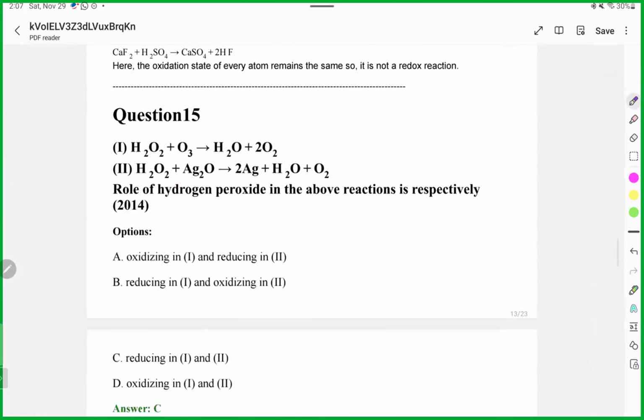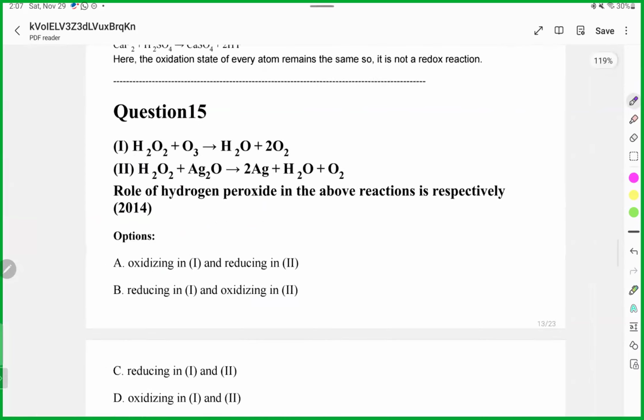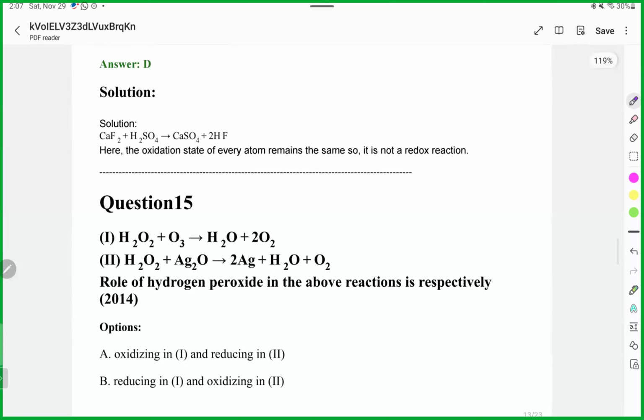Trust me, this chapter is the easiest chapter of full chemistry. Imagine we solved almost 15 questions. We finished the full chapter and solved 15 questions. In reality, we spent hardly 30 or 45 minutes on theory.